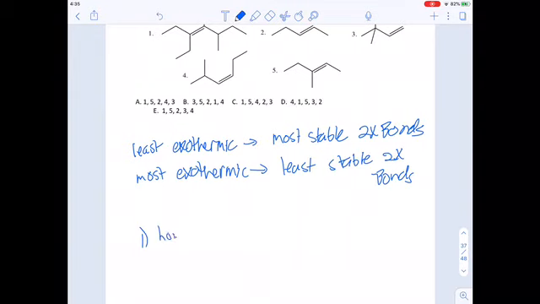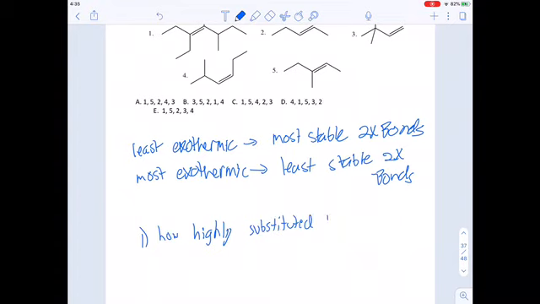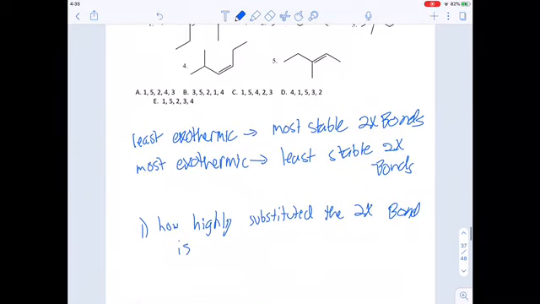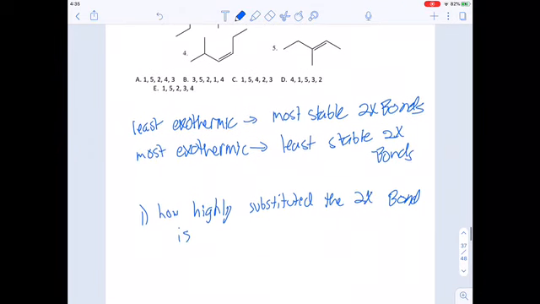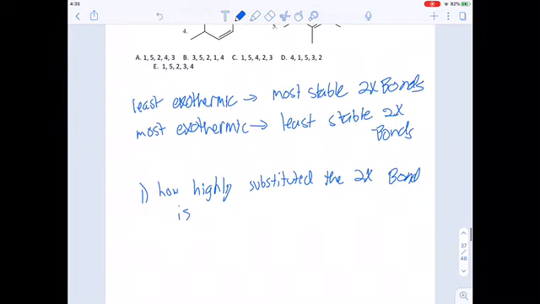Just a reminder, stability of double bonds goes by the following two rules in order of increasing priority. So the most important thing is how highly substituted the double bond is. So the more carbons that are coming off of the double bond, or substituents, the more stable that double bond is going to be.